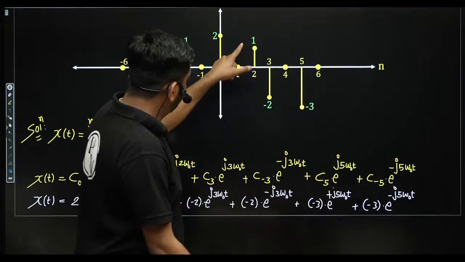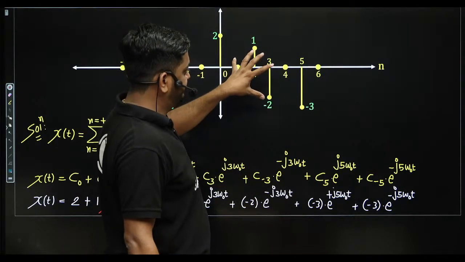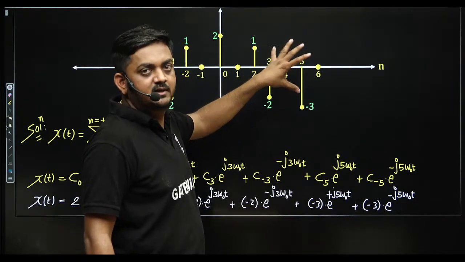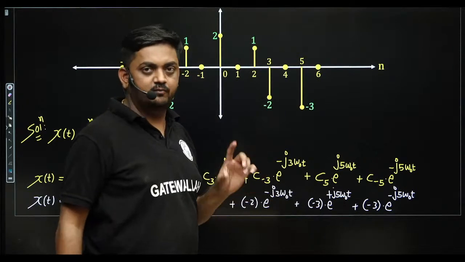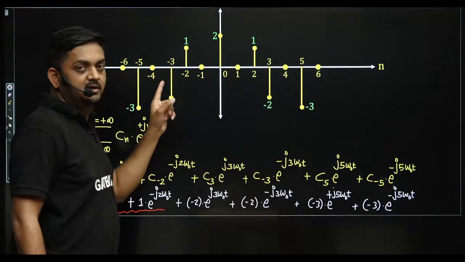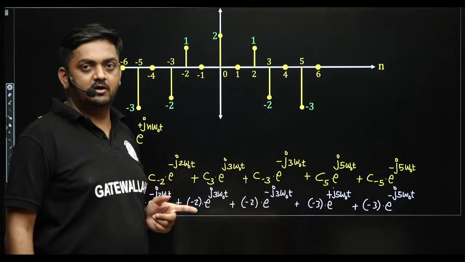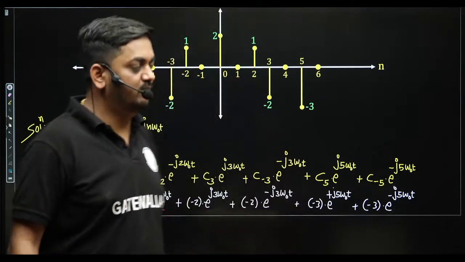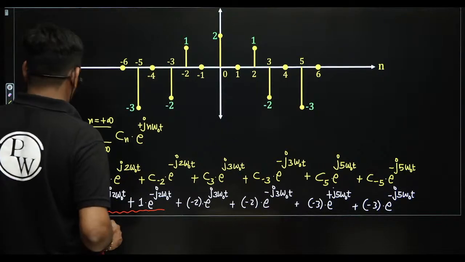Multiply by 2 with all these samples present at the positive side guys. Correct? And if it is sine, then of course if it is sine guys, then odd sample. If odd samples are there, then sine will come. Odd samples means sine and multiply by plus 2j guys. Multiply by plus 2j.